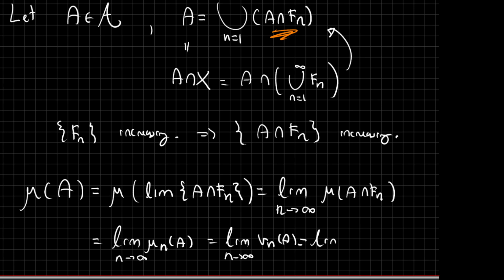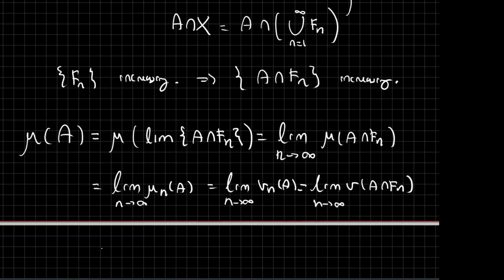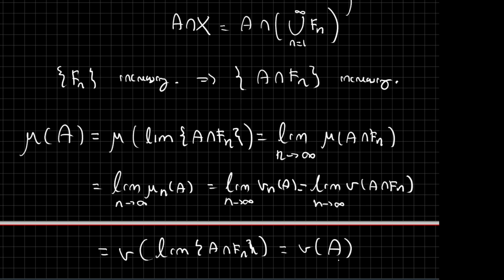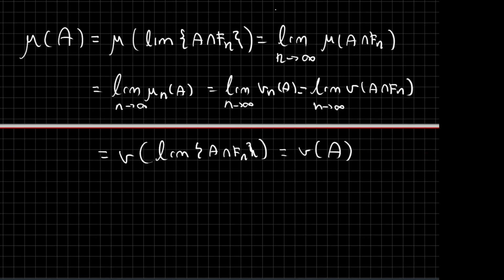I think I'm doing every obvious step, but I'll just write everything. So this is also equal to the limit of A intersected with Fn, and this limit is of course the union of every one, because this is an increasing family, so the union was A, remember, and such is the proof.